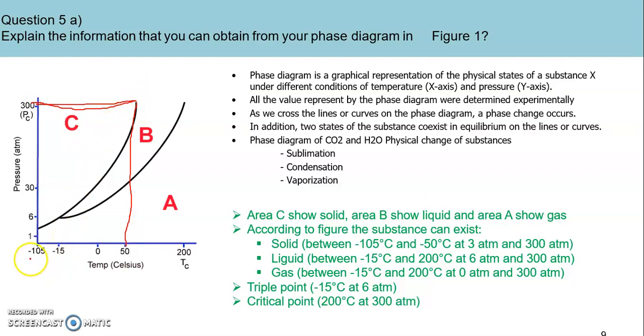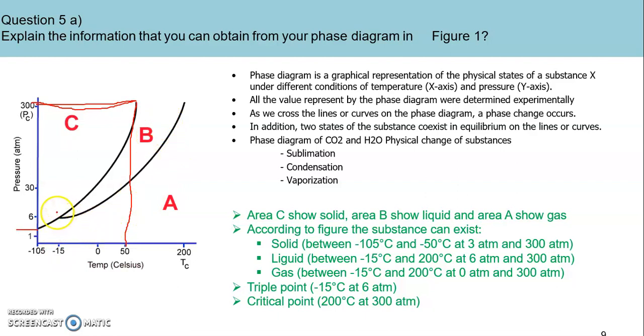So at given conditions here, maybe we can say that this is 3 atm to 300 atm. So by given this condition, it will exist in solid, and by using this condition, it will exist as liquid and also gas.